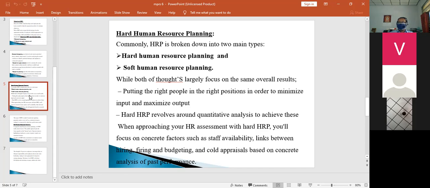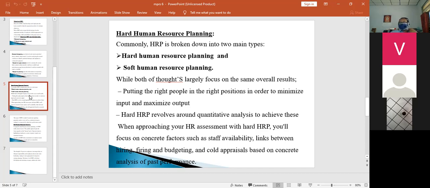Next, hard HRP revolves around quantitative analysis to achieve this when approaching your HR assessment. With hard HRP, you will focus on concrete factors such as staff availability, links between hiring, firing, and budget. Staff availability, so we used to discuss this point regularly, right? Human resource planning in the sense planning the required human resources to perform the activities.